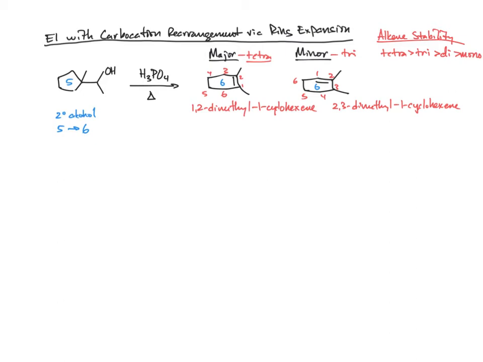So that ties in with what we saw with carbocation rearrangements. And the reason this happens is because a 5-membered ring is slightly more strained than a 6-membered ring. So as part of the carbocation rearrangement, the ring expands to relieve ring strain.